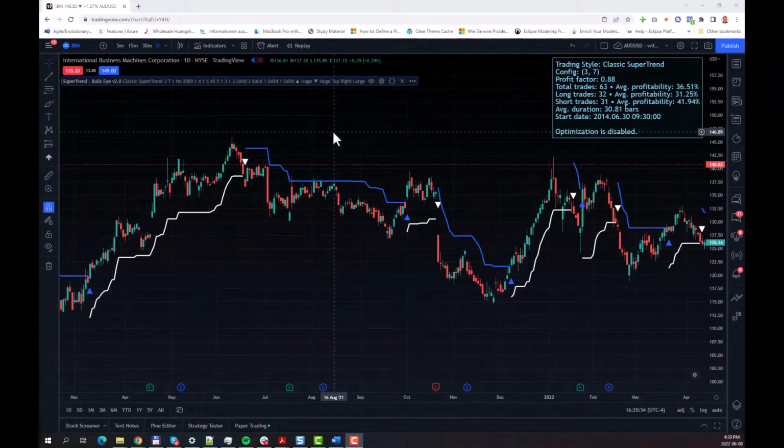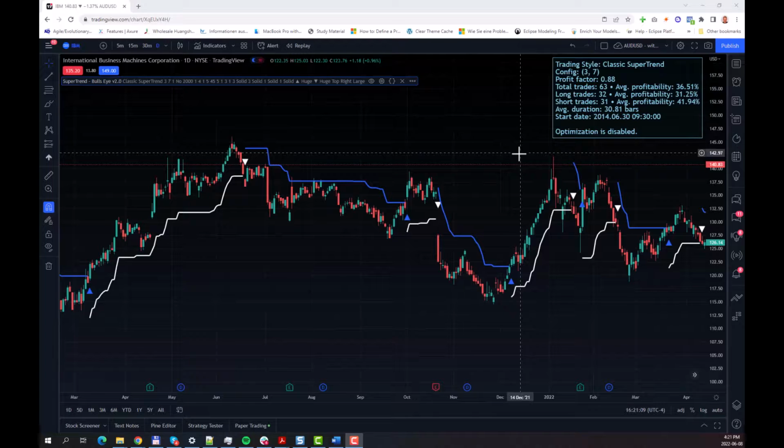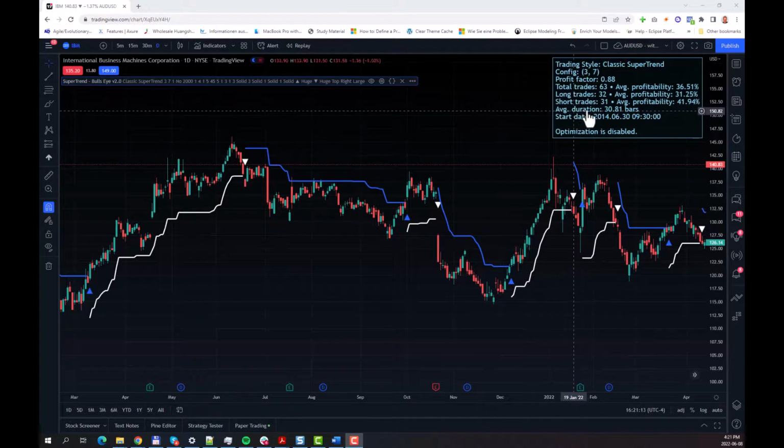SuperTrend Bullseye has a built-in statistics panel which will tell you how well the parameters are working historically speaking. You can see this panel in the top right corner. It contains a wealth of information such as the number of trades taken, the average duration of a trade, and the profit factor. The profit factor is perhaps the most important metric for a trading system.